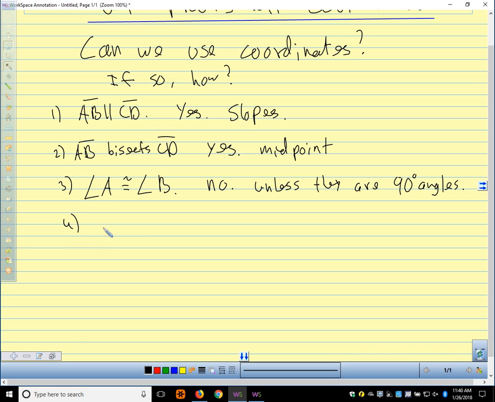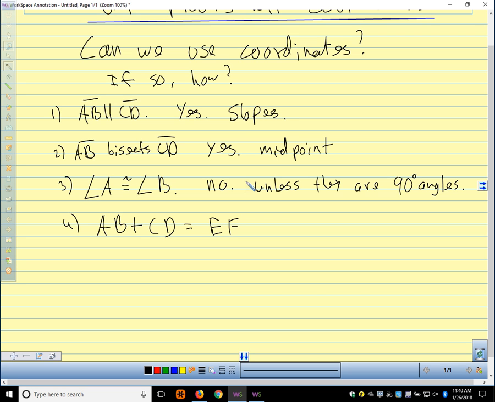All right, number 4. We want to figure out if AB plus CD equals EF. So first off, when we write the two points without a segment mark over the top, what are we talking about there? Distance, lengths.